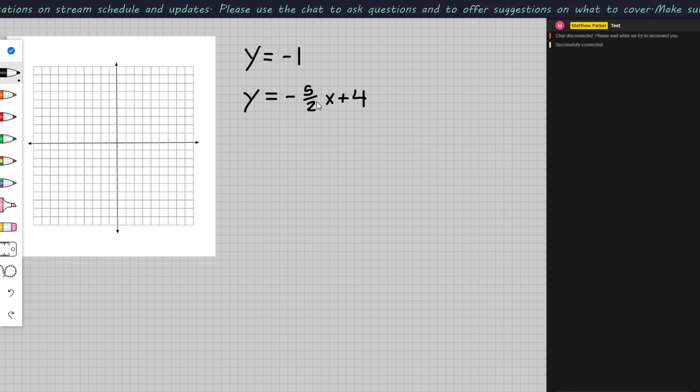So that's a negative 5 halves, not a negative s2, or negative s over z. So it's a negative 5 halves x.